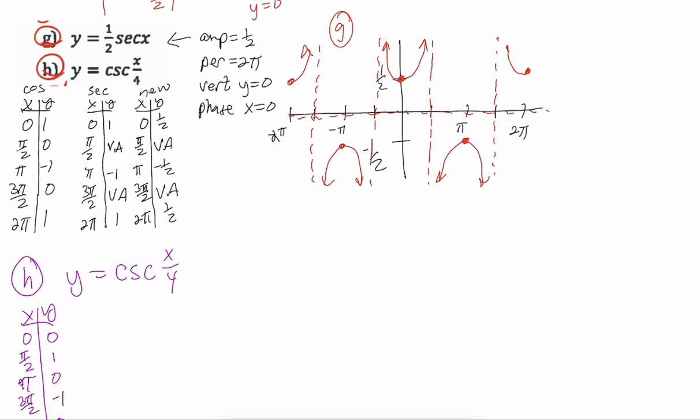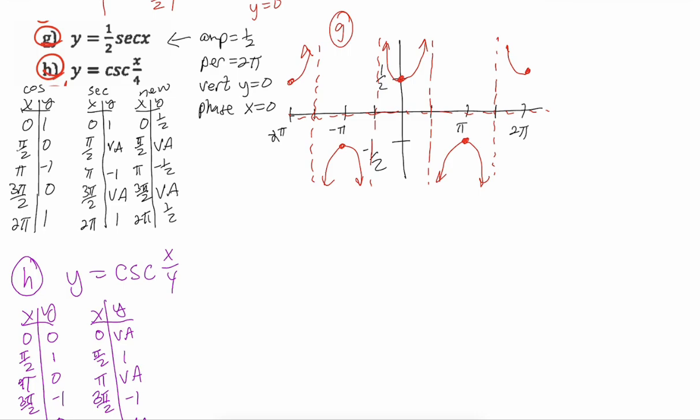So that's your sine value. That leads us to a cosecant, which would be 0, vertical asymptote. Pi over 2 is 1. Pi is a vertical asymptote. 3 pi over 2 is negative 1. 2 pi is a vertical asymptote.